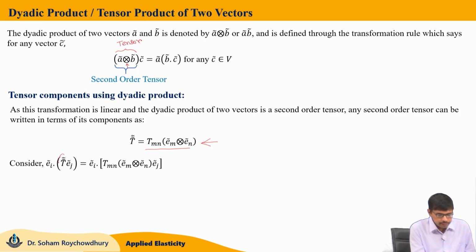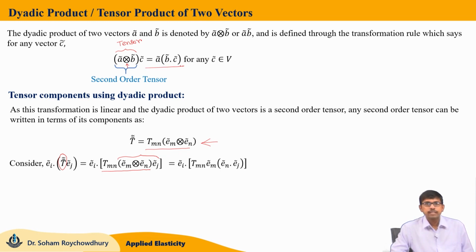So, T in this equation is written as T_mn e_m dyadic e_n, that is acting over e_j, and outside we have the dot product of e_i. Now, this part can be simplified with the help of the definition of the dyadic product.